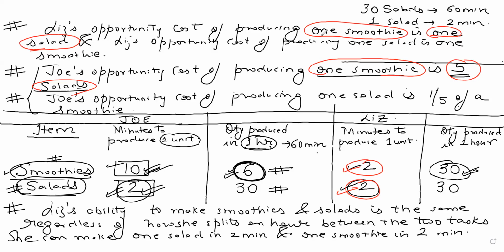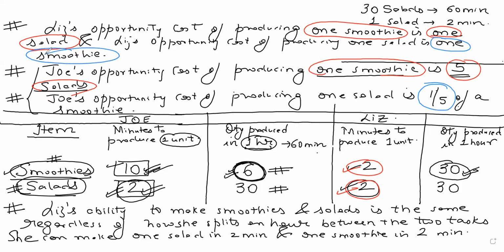And if you talk about Joey, if he produces one salad, he gives up only 1/5 of a smoothie. Whereas if you tell Liz to make a salad, Liz is going to give up one smoothie.